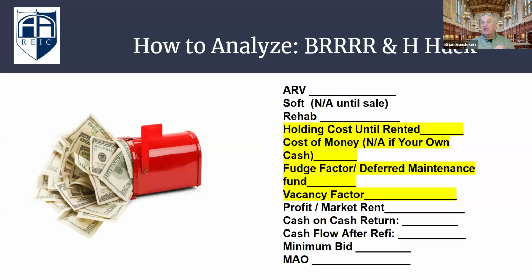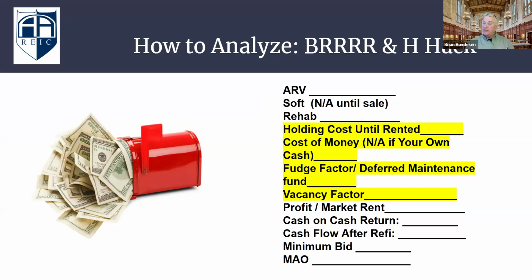Here's the BRRRR strategy and the house hack. Still, you've got the ARV you've got to figure out, because that's what you're going to get on the refinance, enabling you to repeat the last two R's. Still have rehab costs.